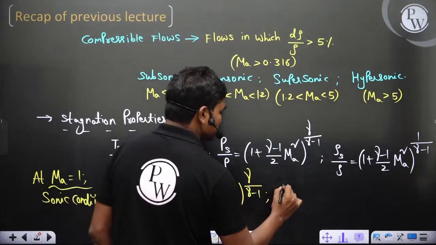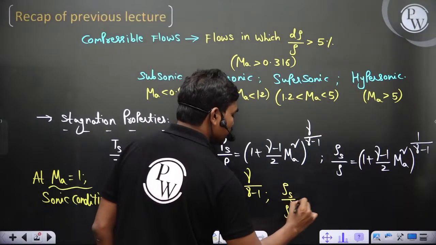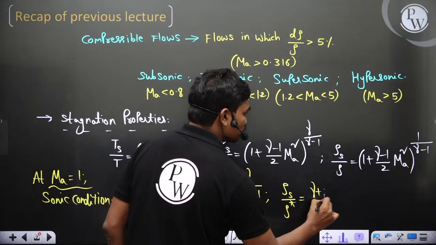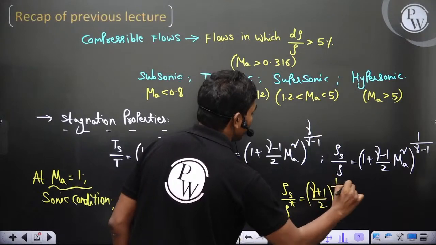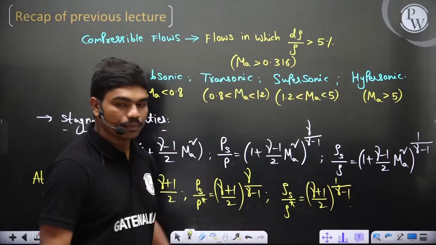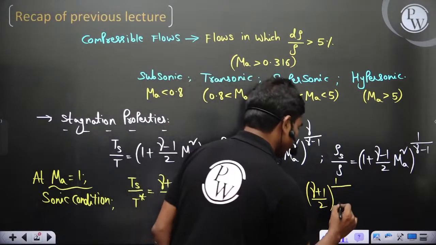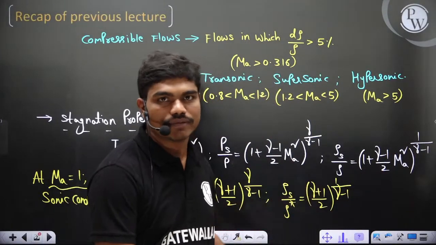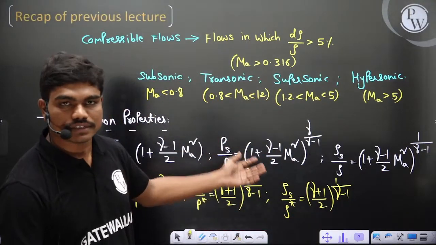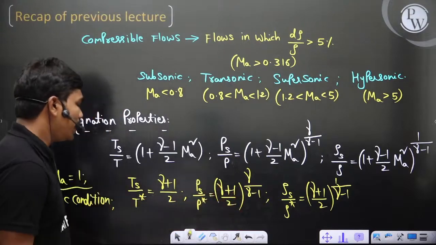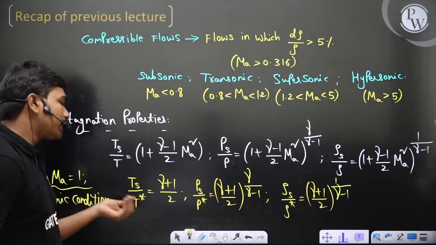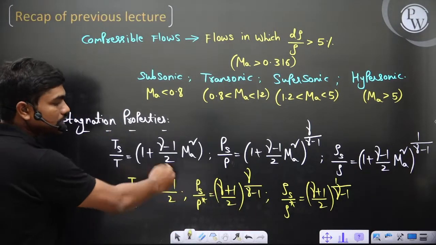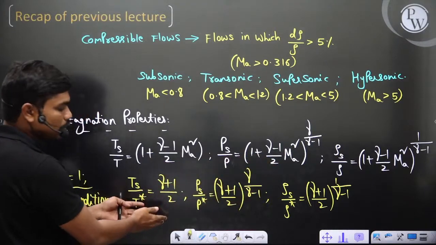Density stagnation by density star is gamma plus 1 by 2 whole power 1 by gamma minus 1. Depending on the type of gas, you put the value of gamma: for monatomic 5 by 3, for diatomic 7 by 5, and for triatomic 4 by 3. For atmospheric air we have taken gamma equal to 1.4 and calculated these constant values.